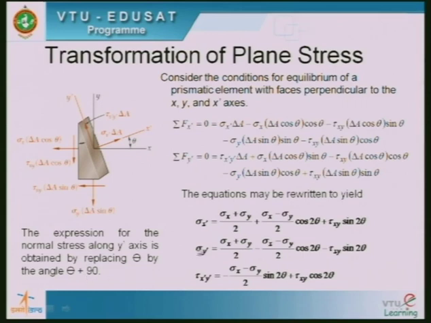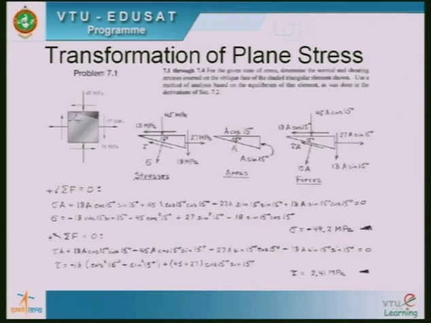If I replace that, I am going to get the normal stress equation along the y axis, which is indicated in this equation. This is the equation that we get for sigma y dash. I hope all of you have understood this, right. Next we will see how we can solve problems on this.